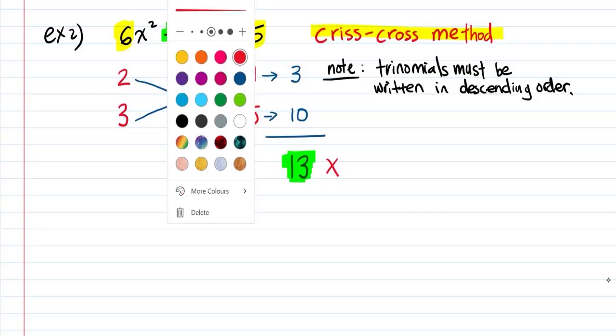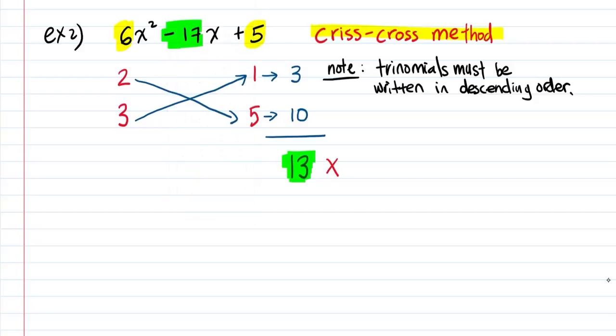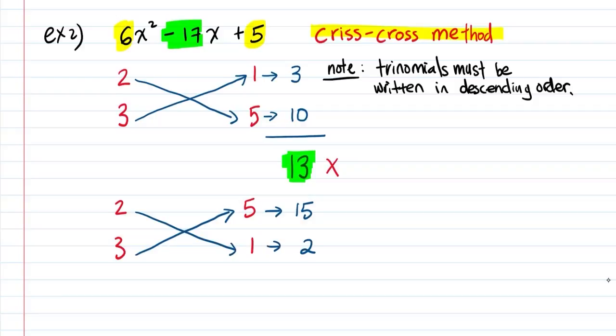Maybe we can switch the order of 1 and 5, so we try 2, 3, and 5, 1, and do the same process. Criss-cross: 3 times 5 is 15, and 2 times 1 is 2. We add those two numbers and we've got 17.